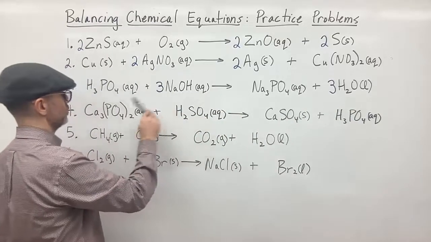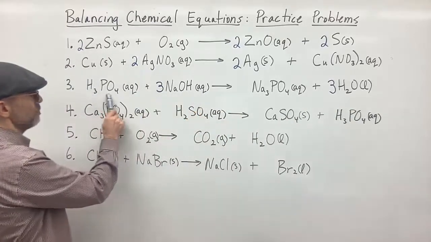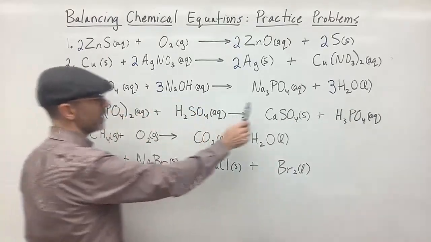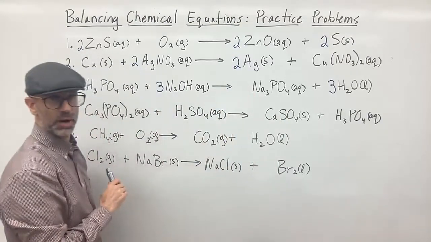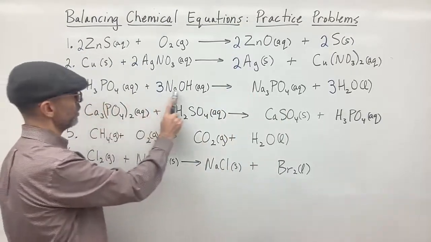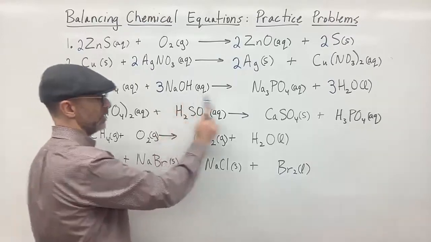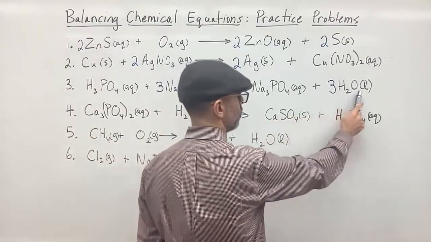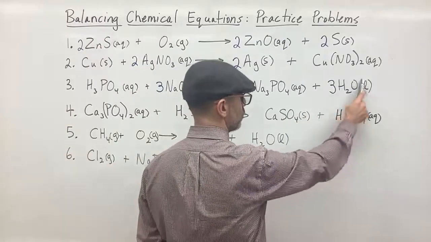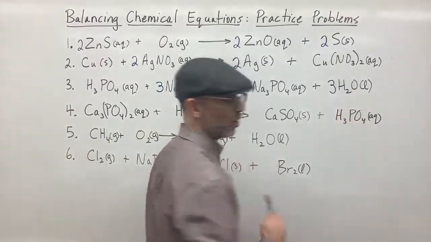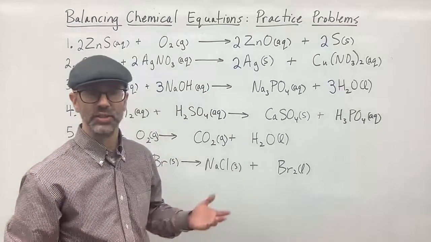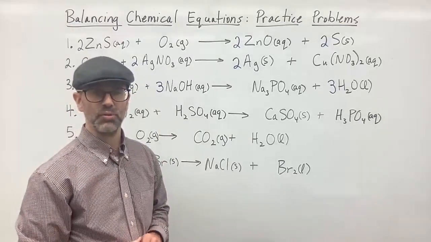What about the oxygens? So the PO4 oxygens are already accounted for, so I don't need to worry about those. But what about these oxygens? So I have 3 oxygens from my hydroxide, and I have 3 times 1 gives me 3 oxygens here. So this is my balanced equation. So we are now done with number 3.